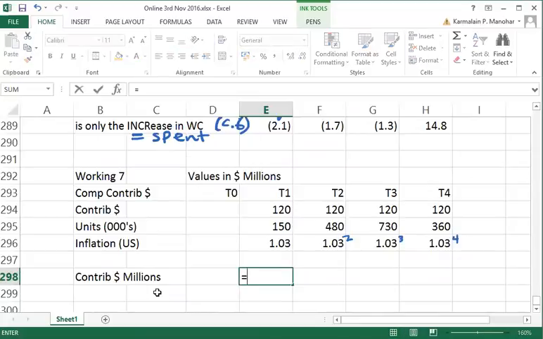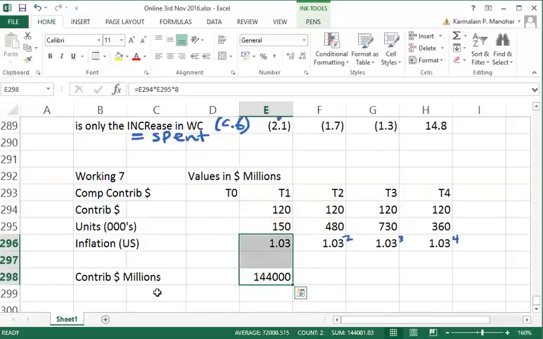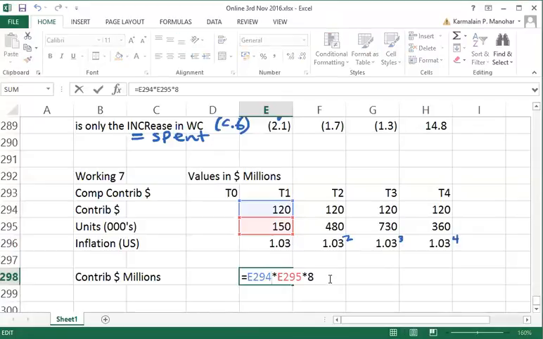All right, so this is equal to 120 times 150,000 times that. Hold on, what's up? No, not times 8, times this.